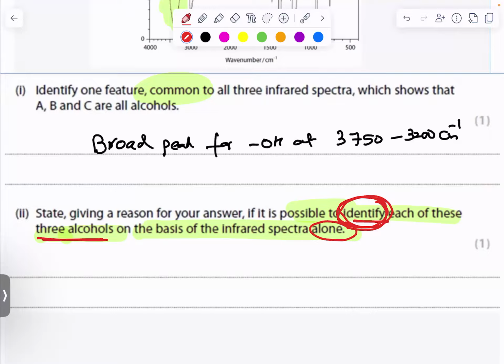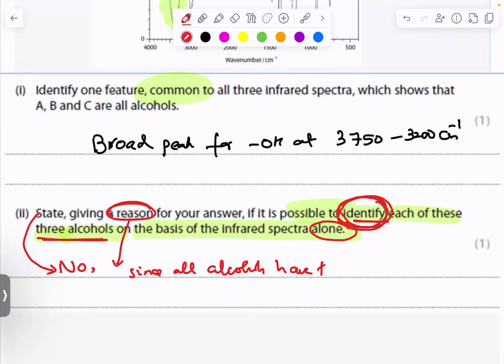What would be the answer? No, state, giving a reason. This is stating and then reasoning. What would be the reason? It doesn't tell you how many carbon-carbon bonds there are, since all alcohols have the same type of bonds.